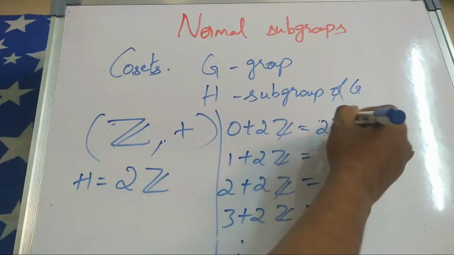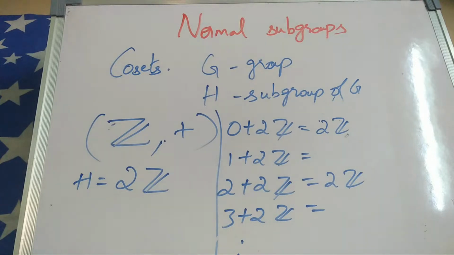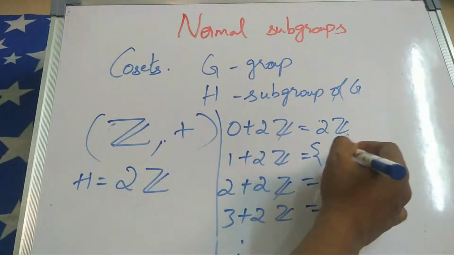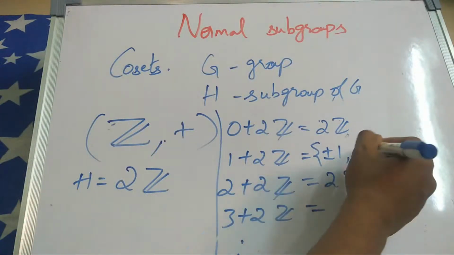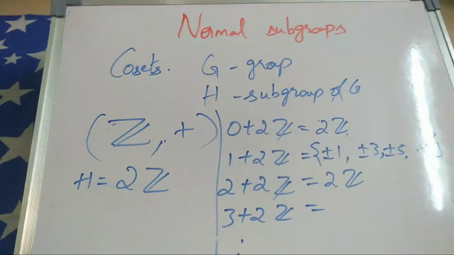So this is going to be 2Z, 2Z, and so on for every even integer. For an odd integer, it is going to be nothing but the set of all odd numbers, and you can verify it. It is going to be plus or minus 1, plus or minus 3, plus or minus 5, and so on.